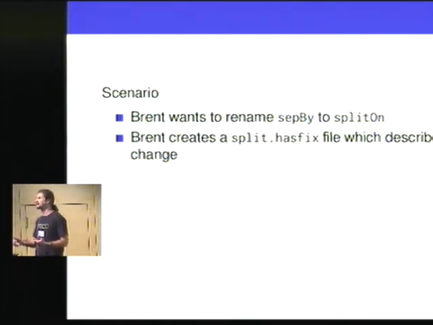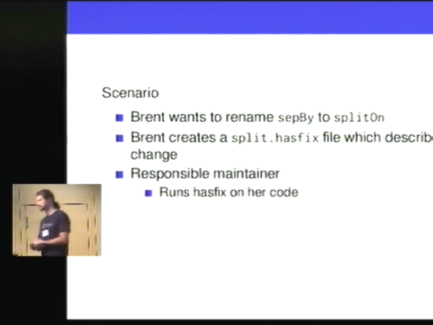what happens next depends on the code owners. Right? If we have some library that depends on the split package, we have two cases: either the maintainer of this library is responsible or not. If the maintainer is responsible, what does she do? She downloads this hsfix file, suppose the file has the hsfix extension, so we call it an hsfix file.